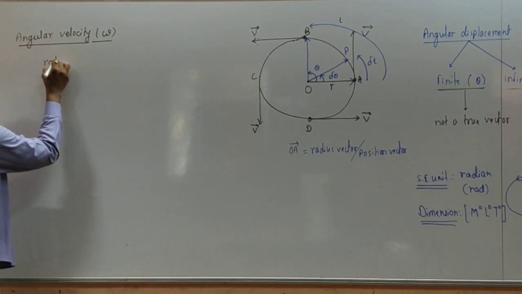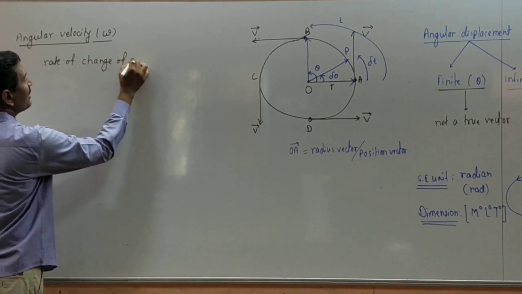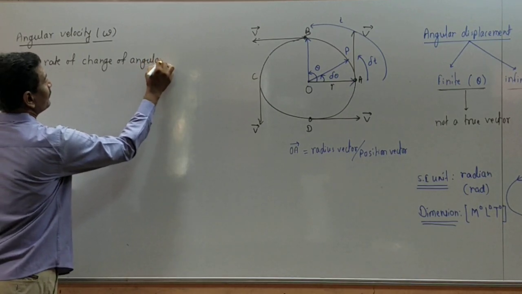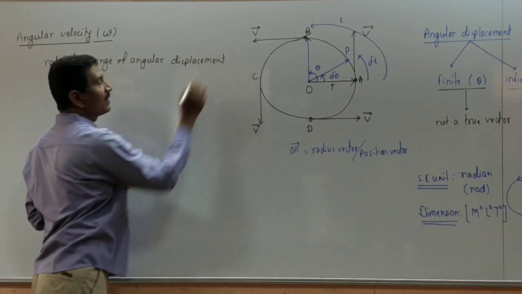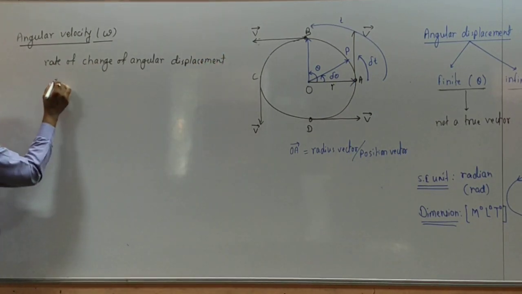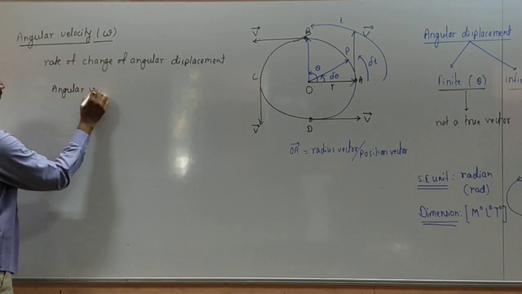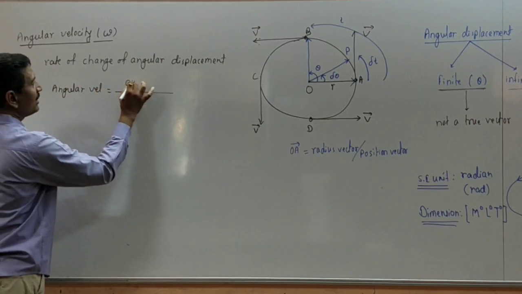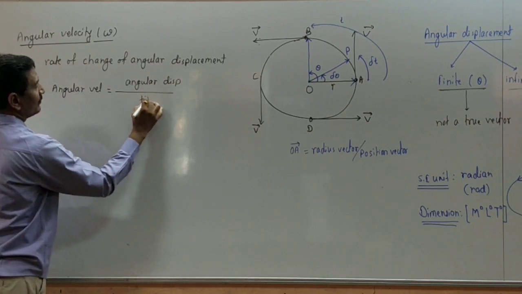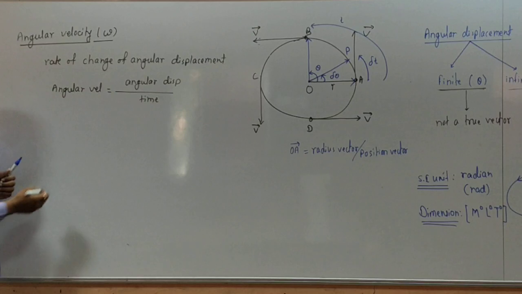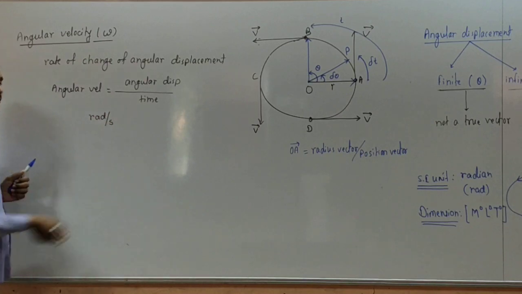Simply, we say that angular velocity is equal to angular displacement upon time. And therefore the SI unit of angular velocity is radian per second.